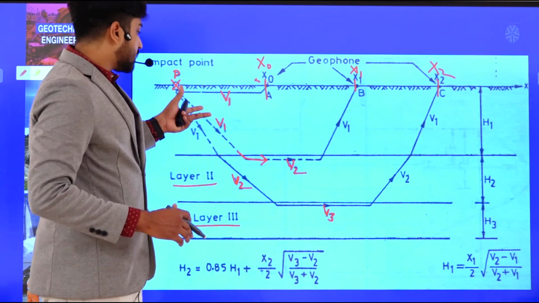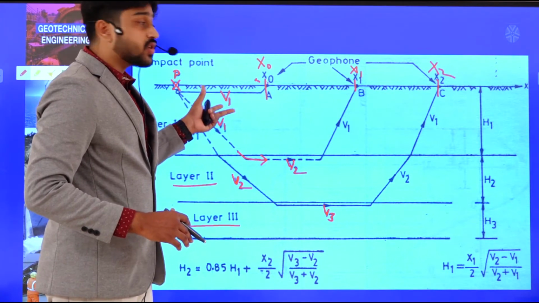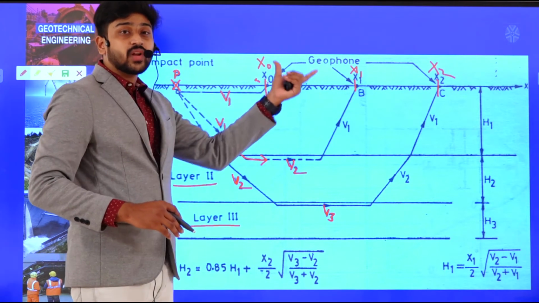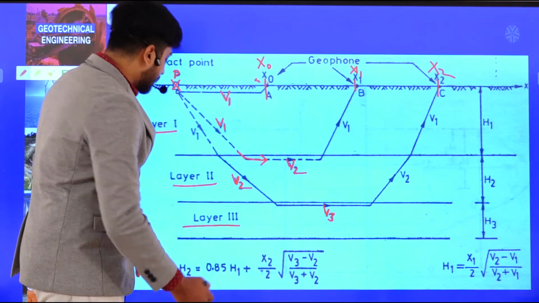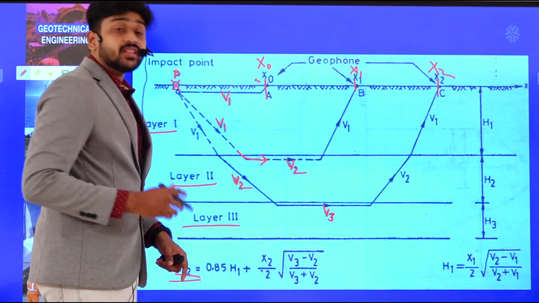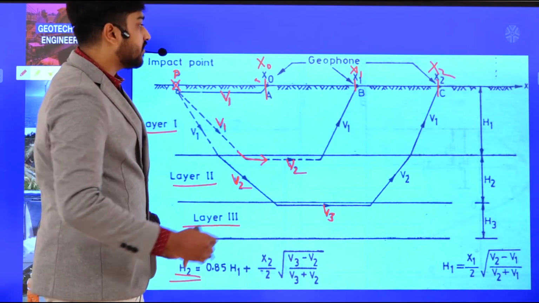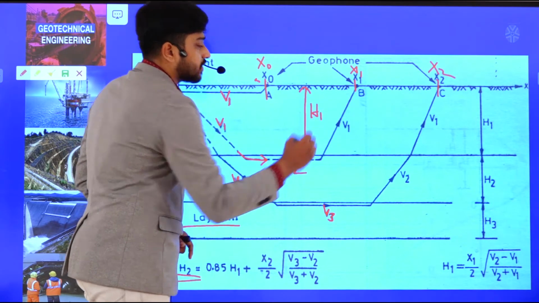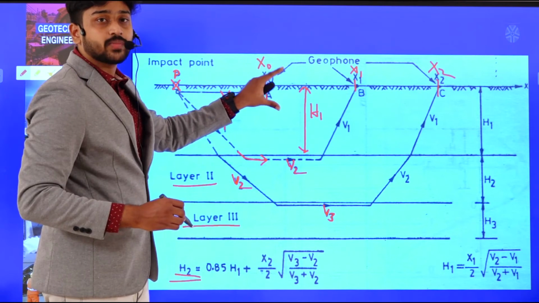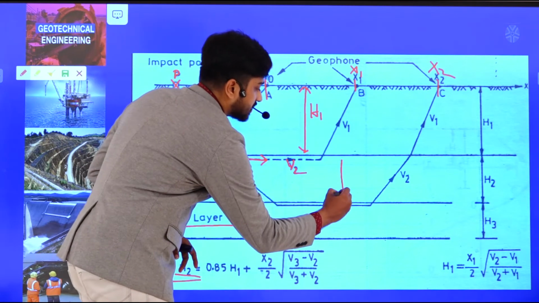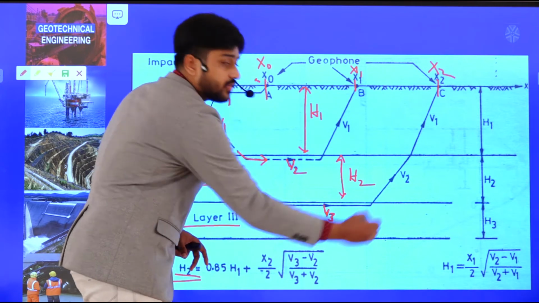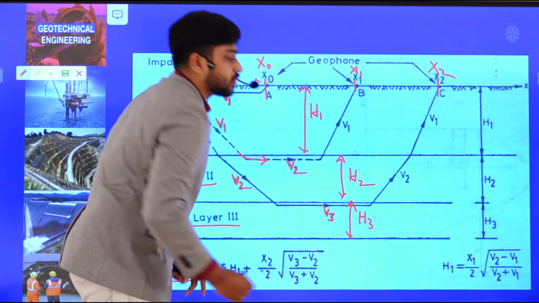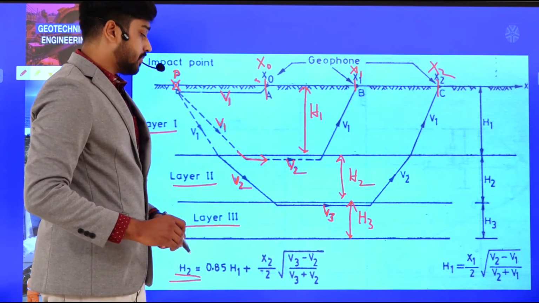Based on these velocities v1, v2, v3, and the known distances x0, x1 and x2, we can obtain the depth of the layers using this particular formula. For our understanding, as I have represented here, let h1 be the unknown depth of layer 1, h2 the unknown depth of layer 2, and h3 the unknown depth of layer 3.